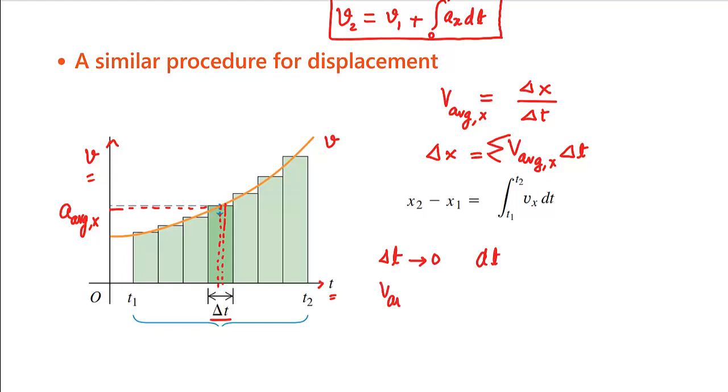I can replace the average velocity in the x direction with the instantaneous velocity in the x direction. And also we can replace the discrete summation with integration. So those are the three changes we make when delta t tends to 0.